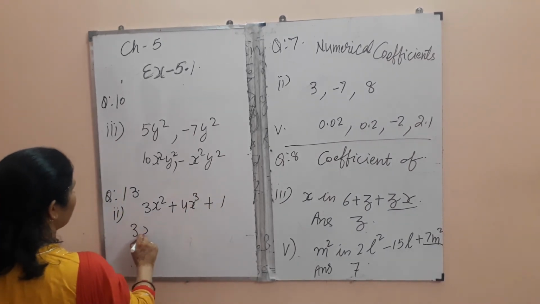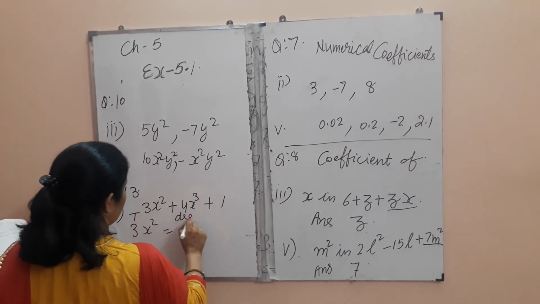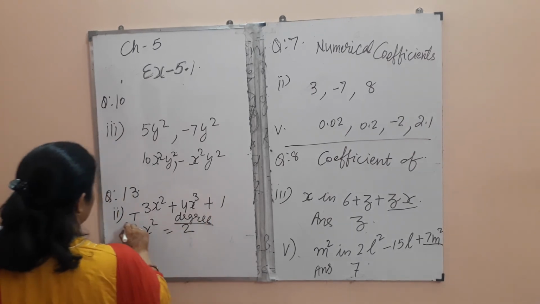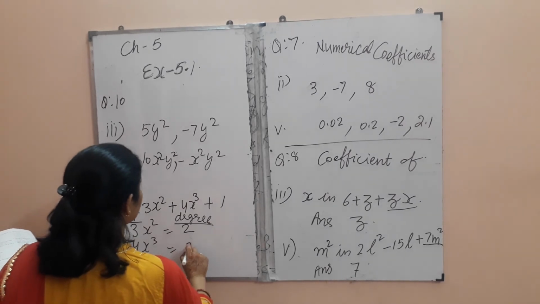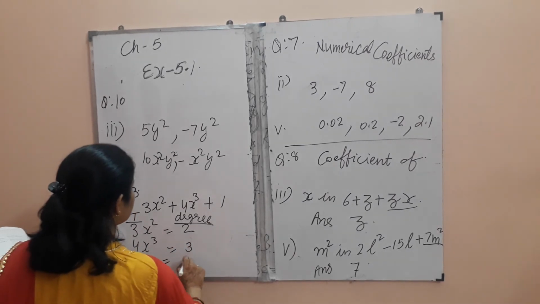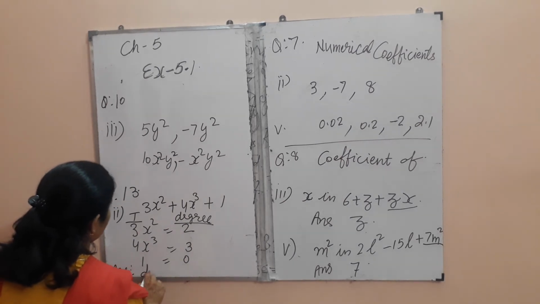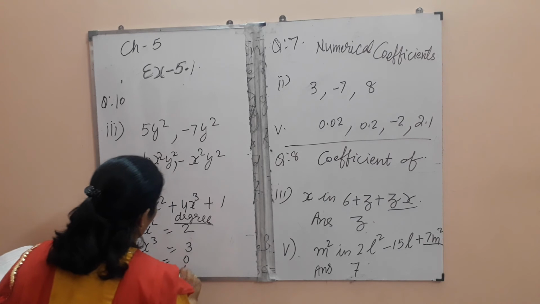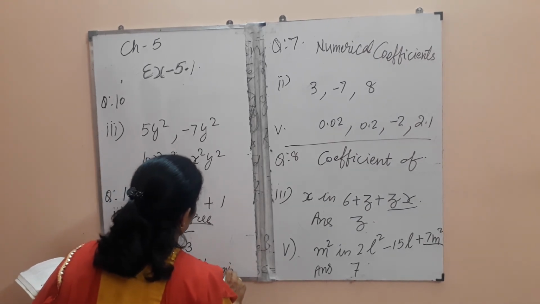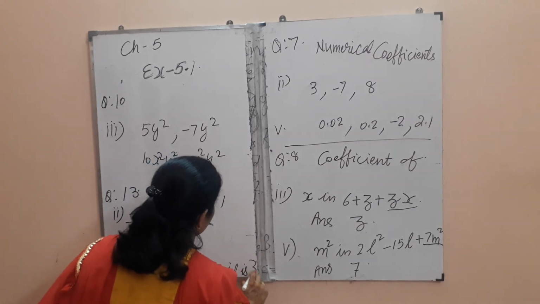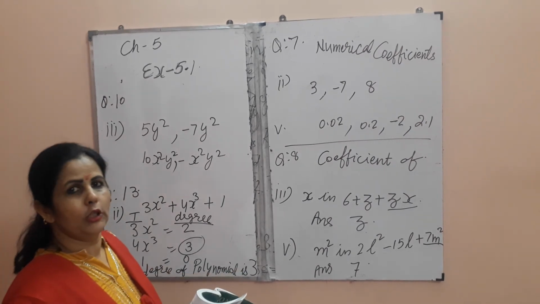So 3x square, degree is 2. This is the term and this is the degree. Then 4x cube. The highest degree of the terms will be the degree of the polynomial.